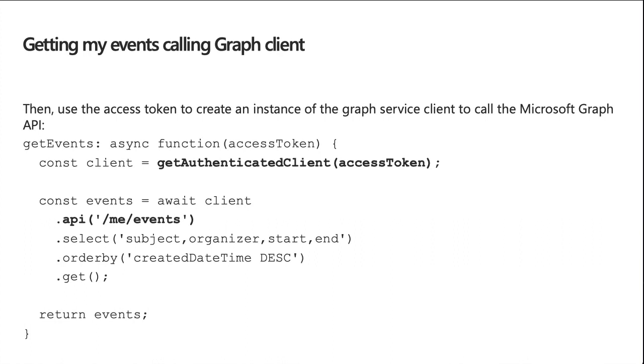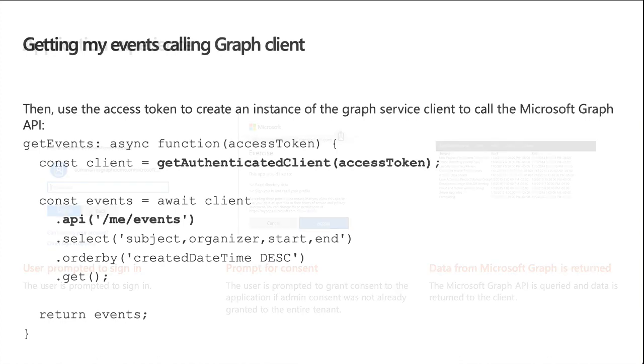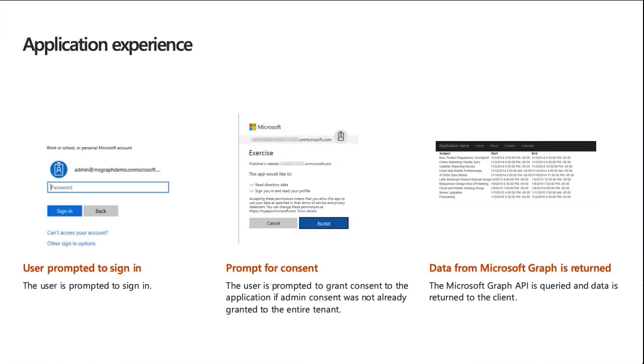So once I have my client, I can just use the Fluent API for the Microsoft Graph by calling client.api and going to the /me/events endpoint, and then specifying the properties that I want to retrieve, and then specifying how I want things sorted, and then just saying .get. That's going to give me back a collection of all of my events that I can then return back to the caller.